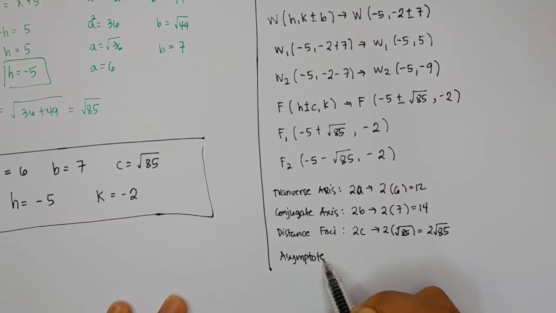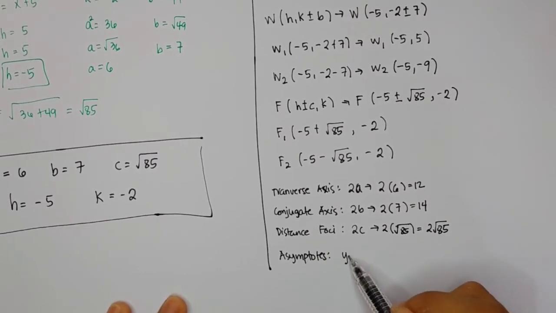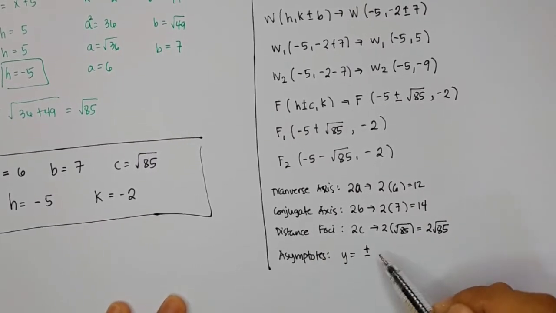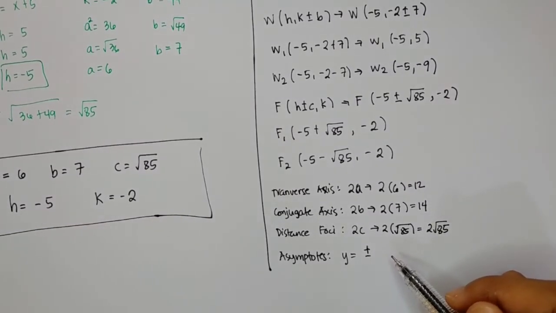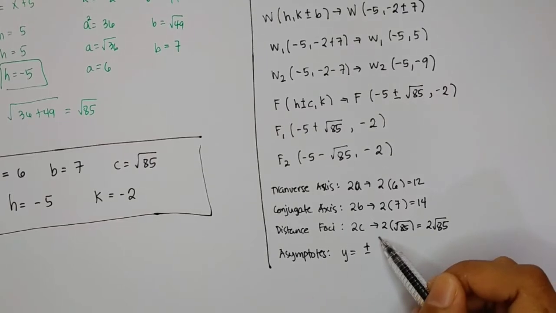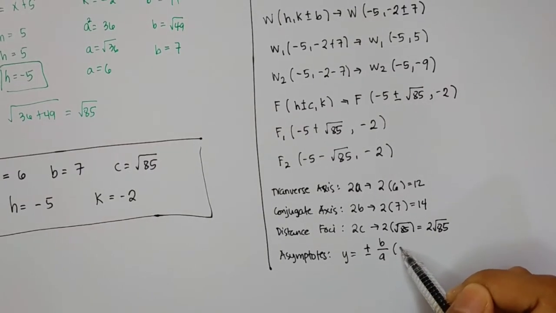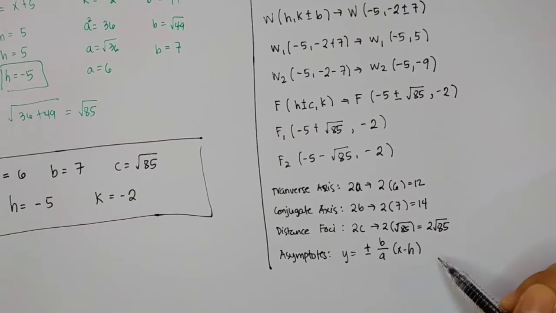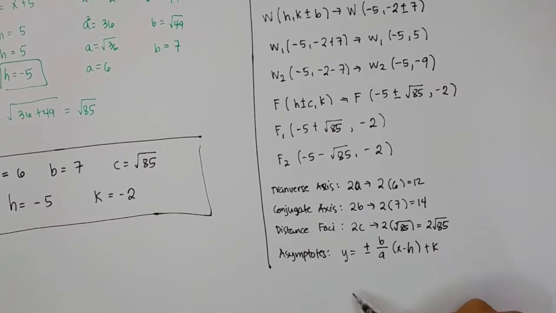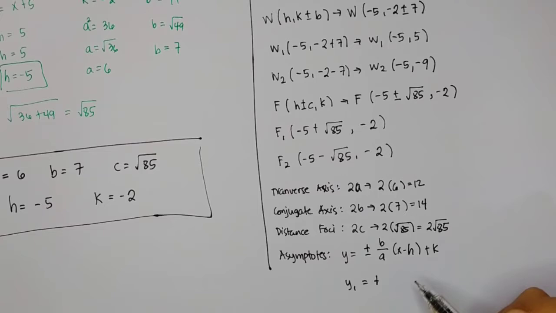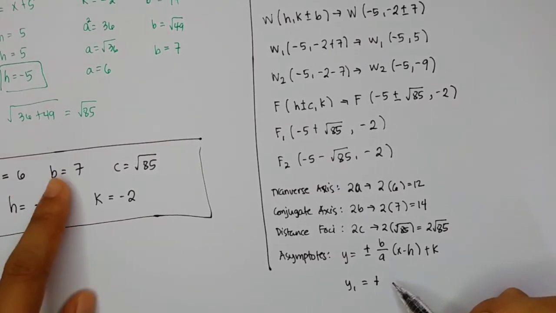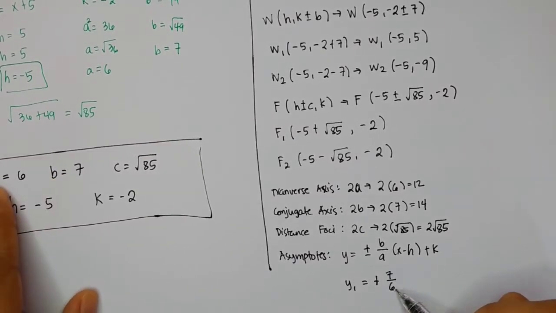Asymptotes natin, that is y is equal to plus minus b over a times x minus h plus k. So, this will be our y1. It will be positive. So, plus. Positive yung b natin is 7 over 6. Yung a is 6.